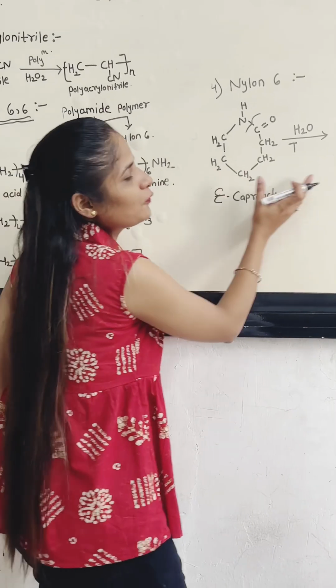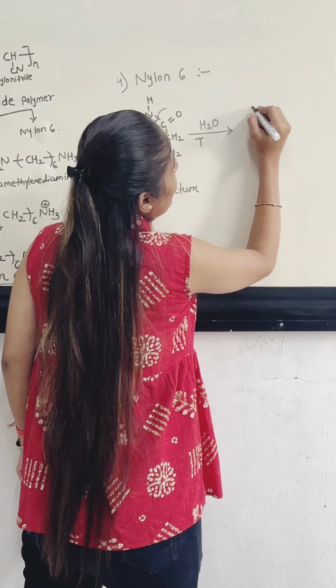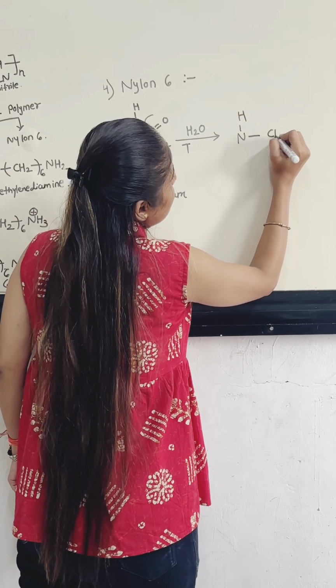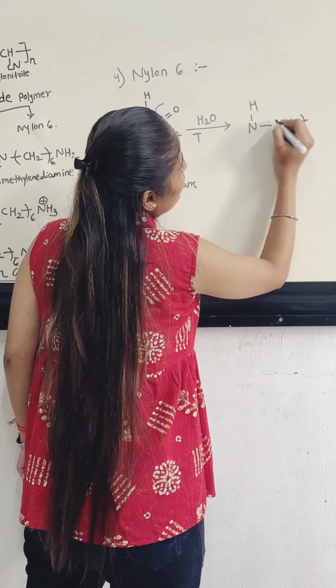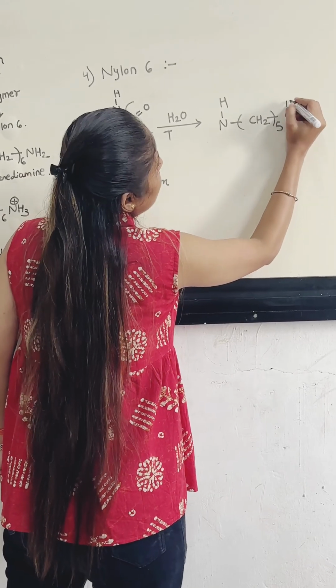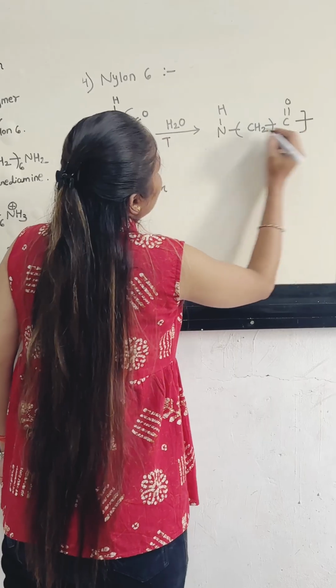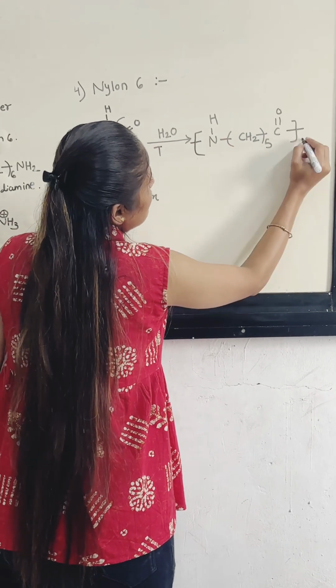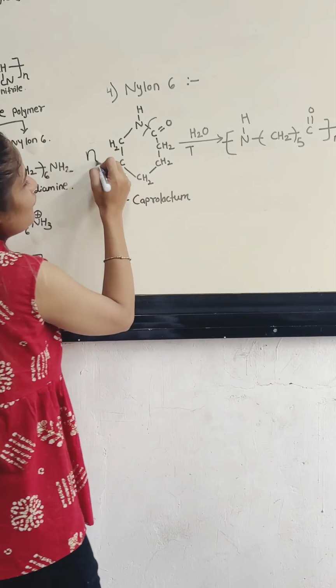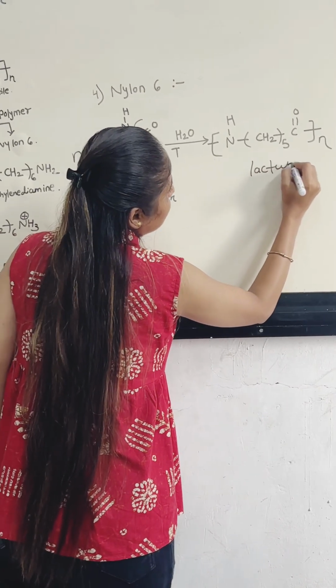Okay. And we get the straight polymer, that is NH CH2 5 and C double bond O. And this structure is the continuation form where n number of molecules, then we get the lactam as the polymer.